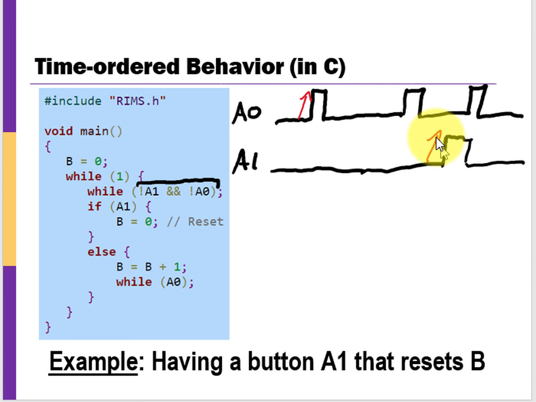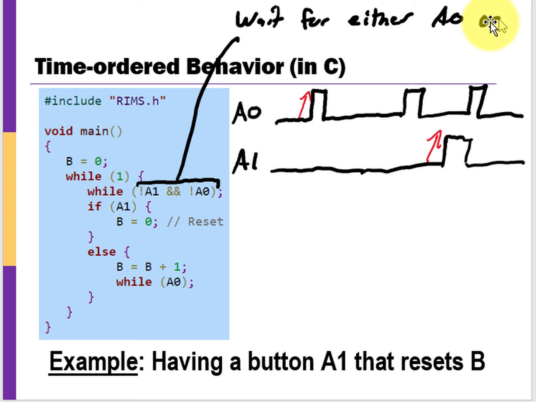So what this while loop is doing is saying, wait for either A0 or A1 rising edge.